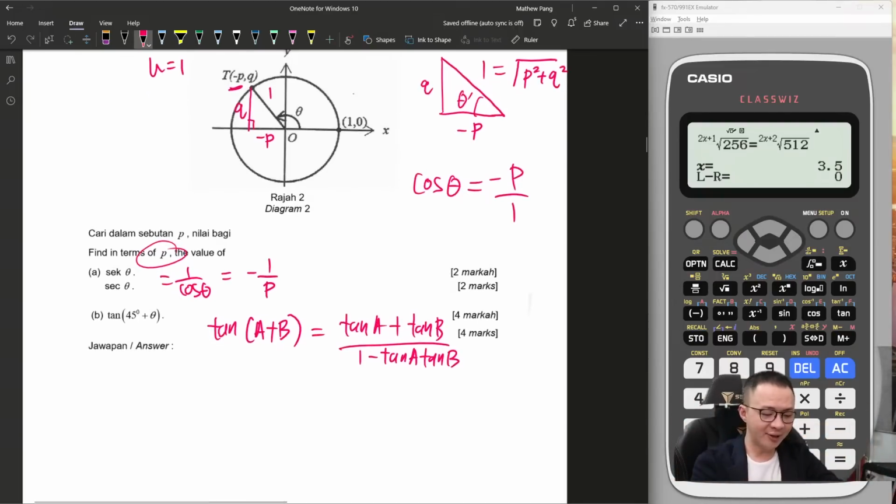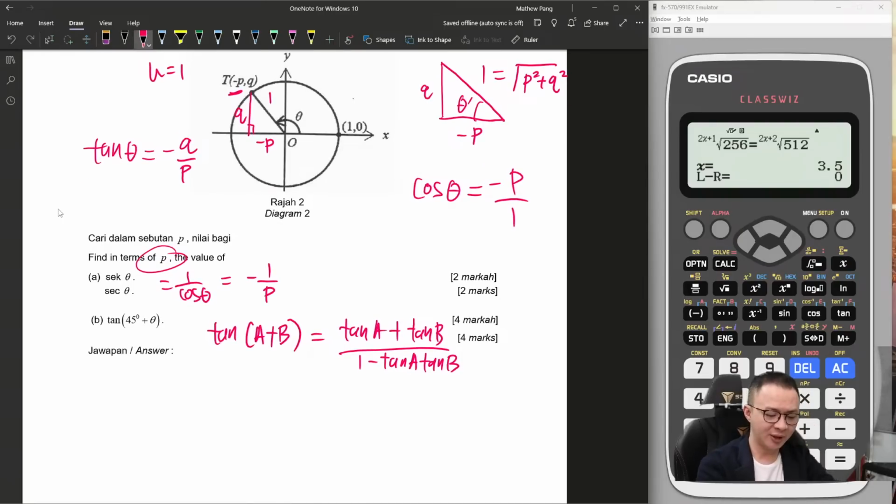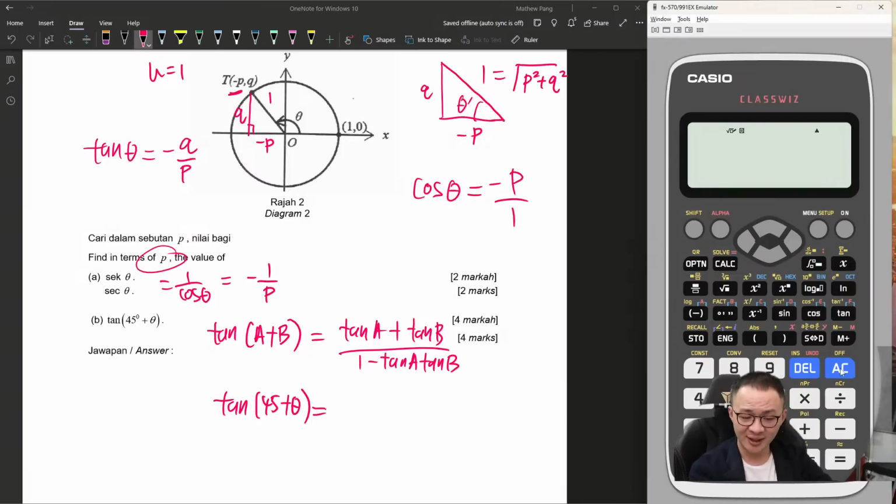Okay, so then I want to get what is tangent theta. Tangent theta from this triangle should be something like q over negative p, right? q over negative p or negative p over q, it doesn't matter. So let's insert my values. 45 plus theta. Tangent 45 is 1. Just in case some students have no idea what tangent 45 is, it's just 1.